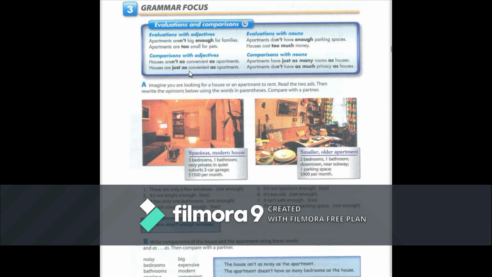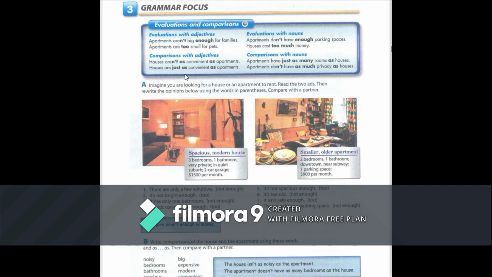About the comparisons with adjectives. About the rules here. We first write as plus the adjective we want to write. Like, houses aren't as convenient as apartments. Or I could say houses aren't as safe as apartments. As safe as. I could say houses are just as convenient as apartments.